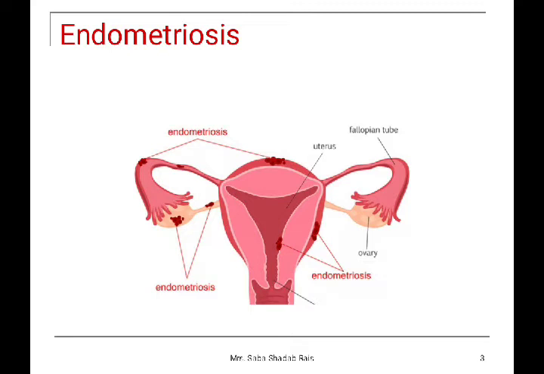Now see, the endometrium grows, and whenever there is a discharge of the mature ovum at the time of the menstrual discharge, the endometrium breaks down and discharges through the opening of the cervix.